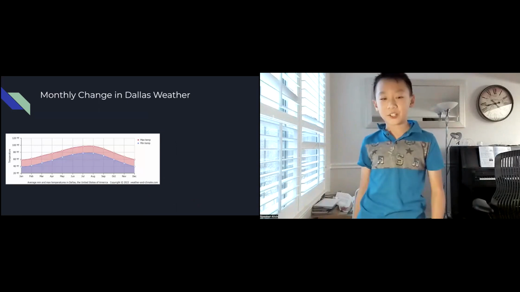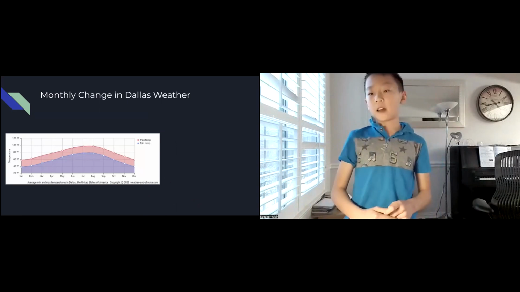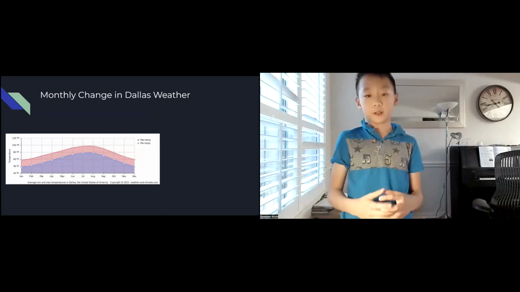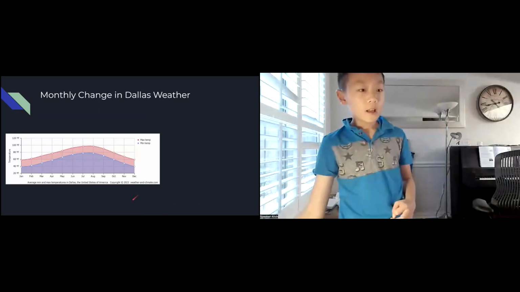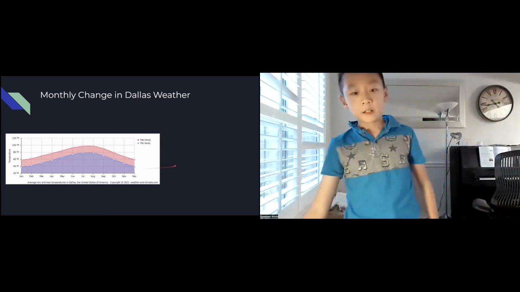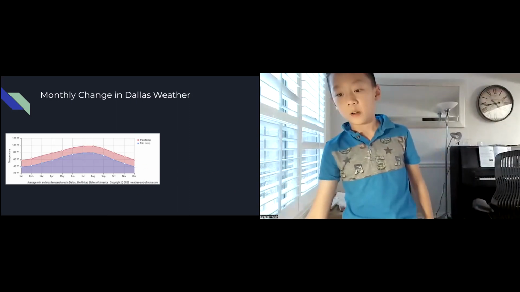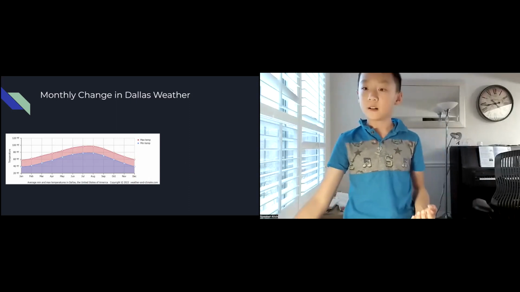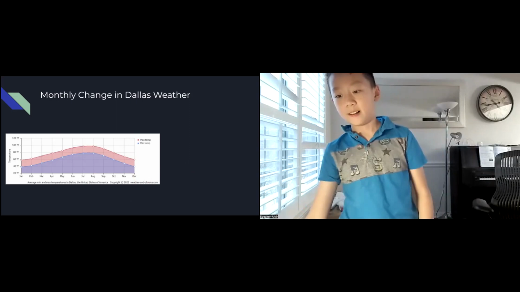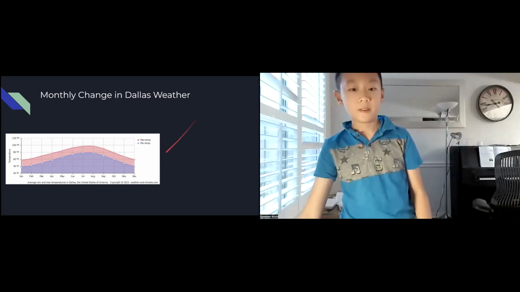Next, we have monthly change in Dallas weather. Now, you've probably seen this chart about 1 billion times now, but we're going to go back to it. Can someone tell me what axis they think the months are? Brandon. The x-axis.